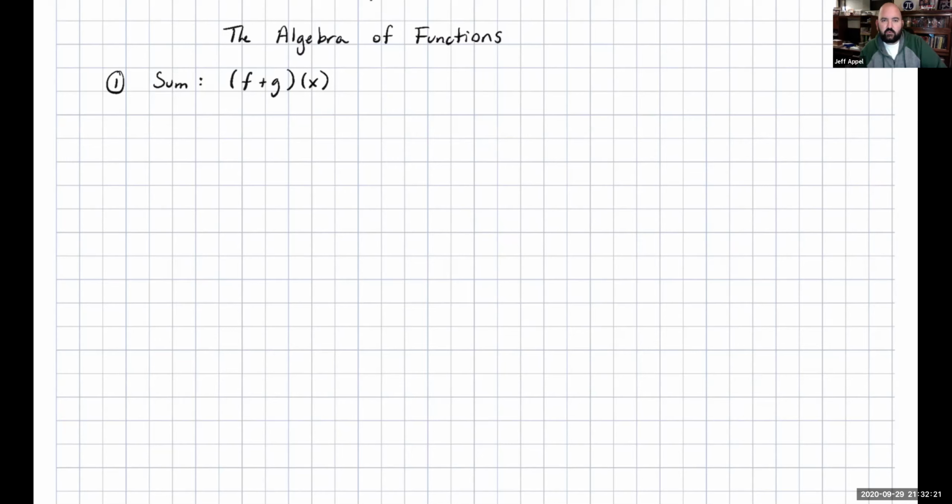The thing that you need to know here is that even though you see stuff in parentheses, this in no way is describing multiplication. We are not multiplying x by these variables of f and g. What this really means is the same thing as f of x plus g of x.